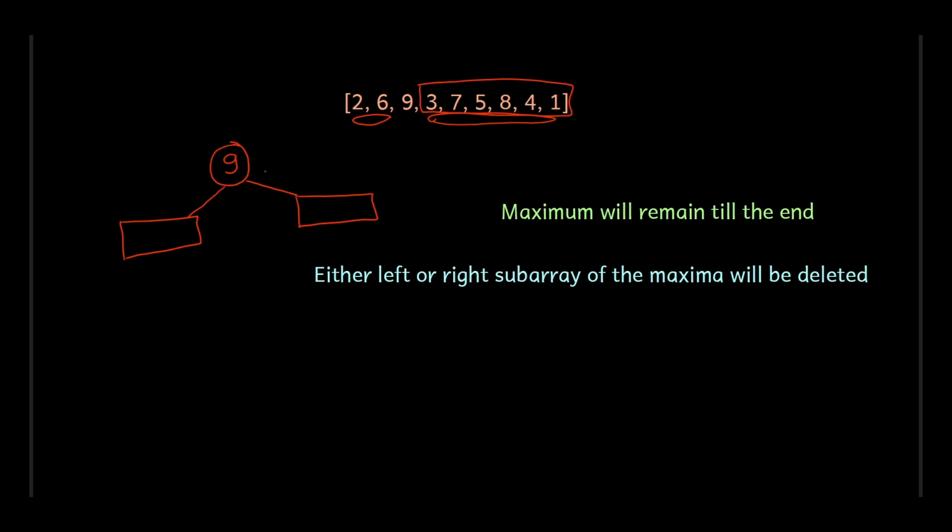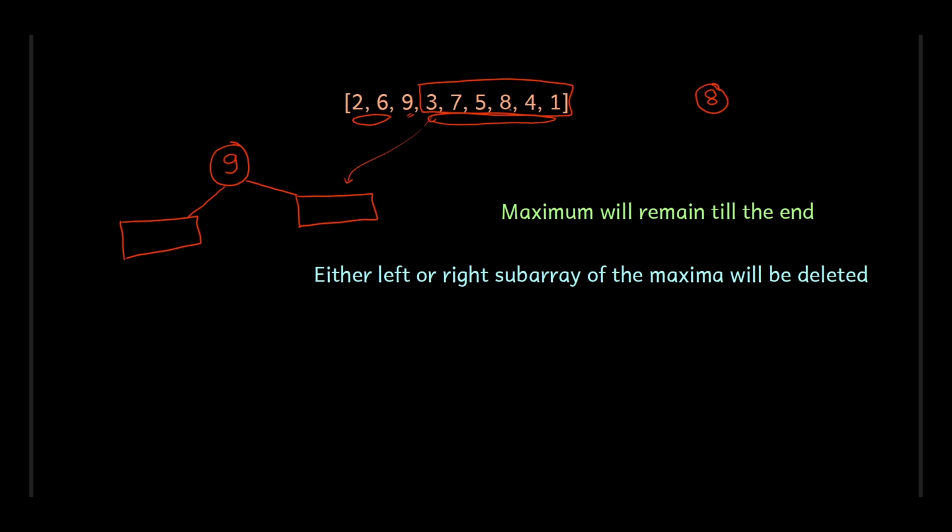Because this entire subarray will go on the right hand side, and let's look at the maxima in the right hand side of this 9. So what is the maxima? The maxima is 8. You can see that once 9 is out of the picture, because 9 is guaranteed to be in the final result, nobody is capable of deleting 8, at least from this segment.